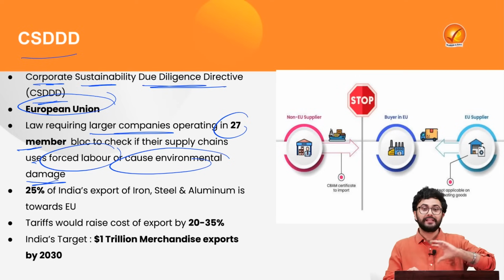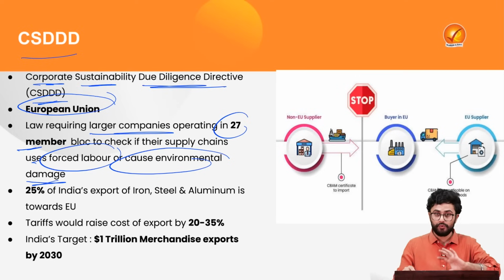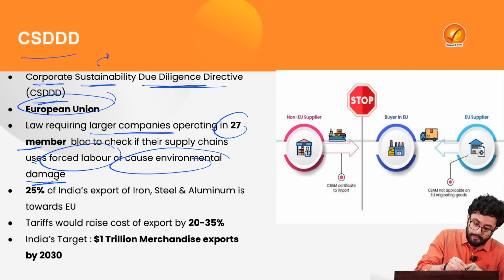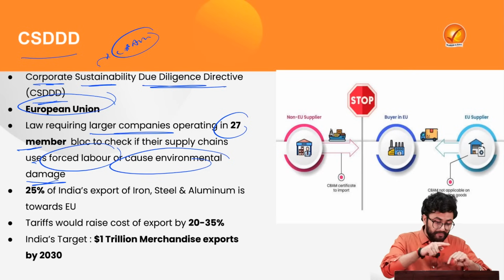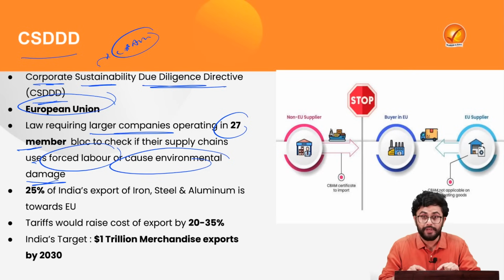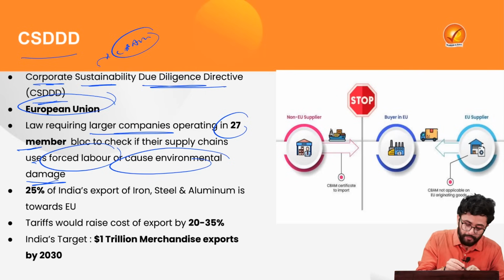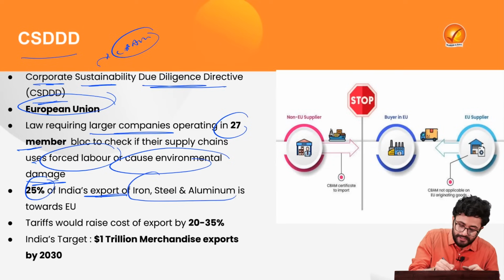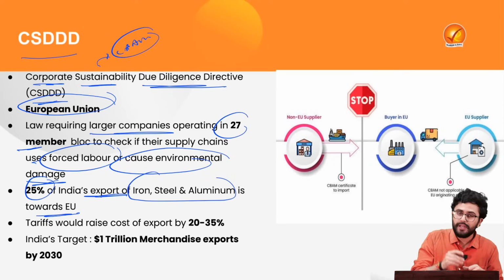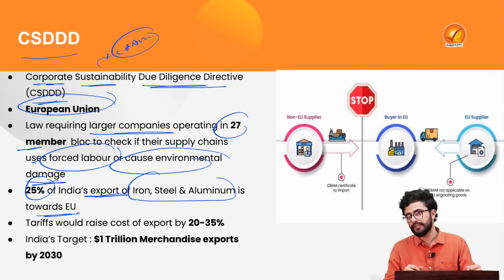Now keep this in mind that if this law comes into effect, also if you remember guys, we discussed CBAM, right, the Carbon Border Adjustment Mechanism, in our last lecture. So if both of these laws come into play, it can significantly hamper 25% of India's export of iron, steel and aluminium which take place towards the European Union countries.